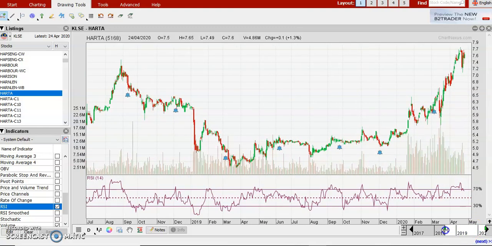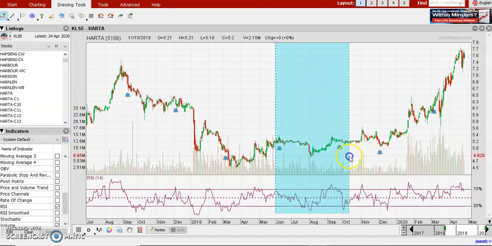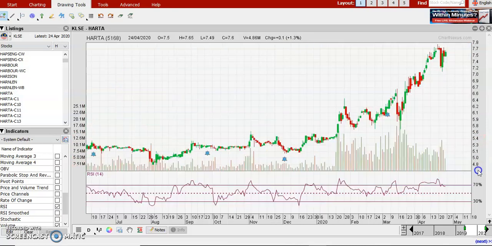Okay, first we want to focus on the buying and selling signal before I focus on the top failure or bottom failure. Okay, so let's look into a shorter time frame.